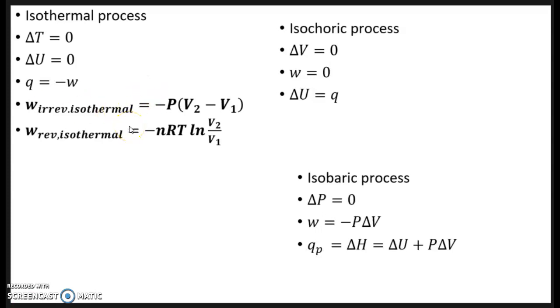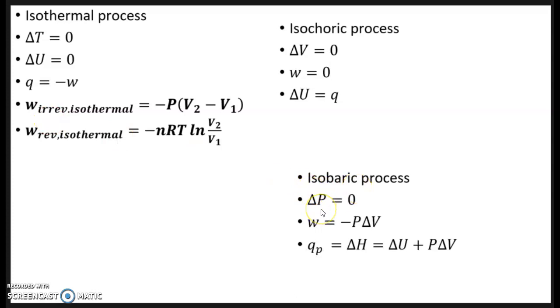So far, we have looked at isothermal processes where delta T equals 0, constant temperature, and the internal energy is 0, such that our heat is now equal to the negative of the work done. And we have also looked at isochoric processes, constant volume, where delta V is 0, so W is equal to 0, and the internal energy is equal to the heat supplied, using the first law of thermodynamics for a closed system.